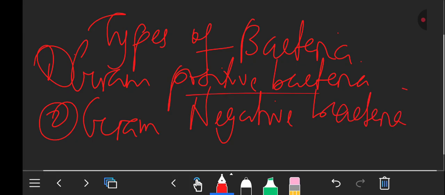So what is it about the gram-positive and the gram-negative? When you're talking about the gram-positive, these are able to retain the gram stain. They're able to be stained, in short. They can be stained by the gram stain. But the gram-negative cannot be stained by the gram stain.